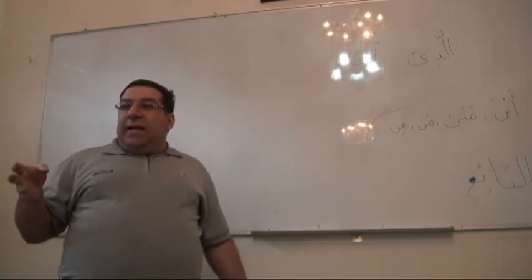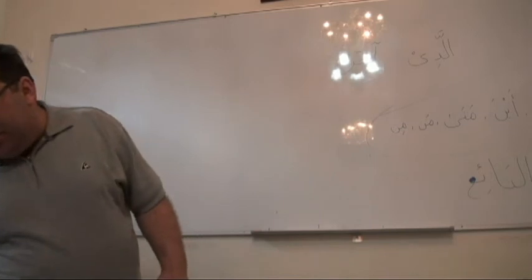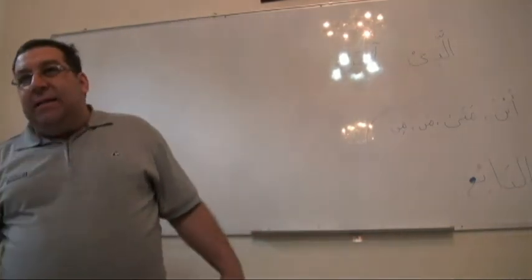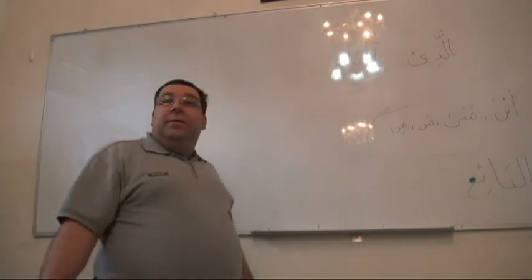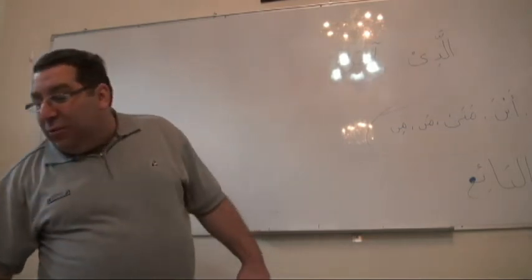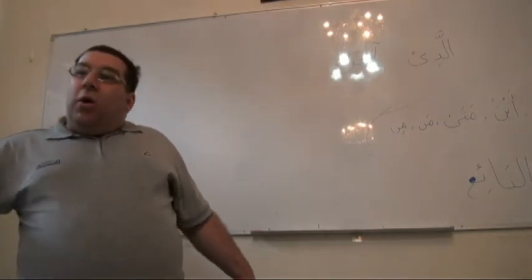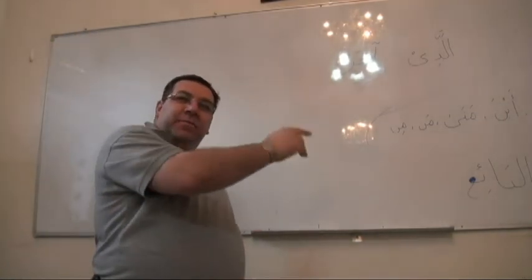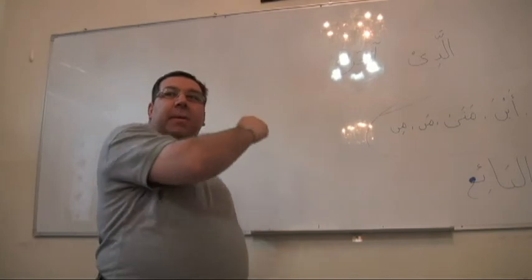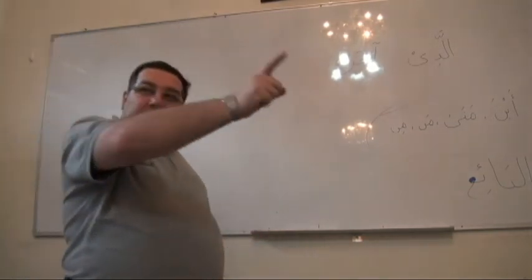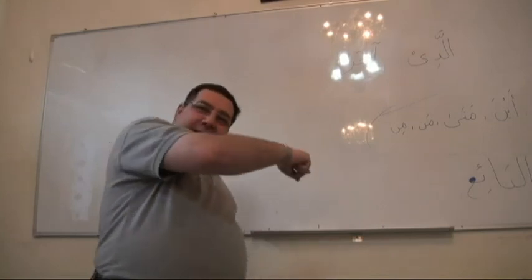When I am saying, for example, this table is big and strong and nice and cheap, if the word table is tawila with dhamma, then all of those adjectives should be dhamma, dhamma, dhamma. If it is tawila with kasra, then all of those adjectives should be kasra, kasra, kasra.